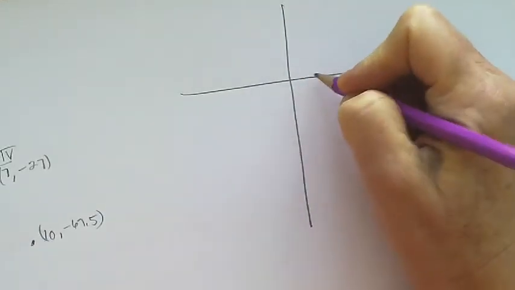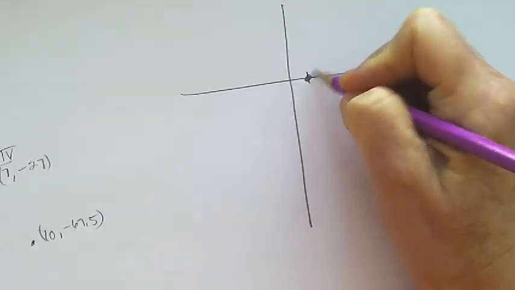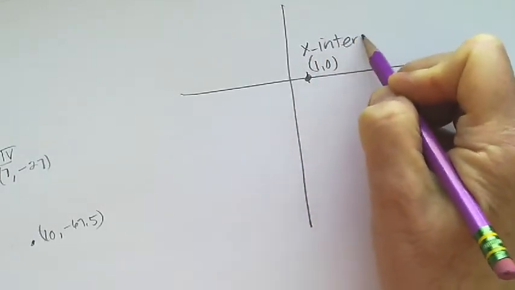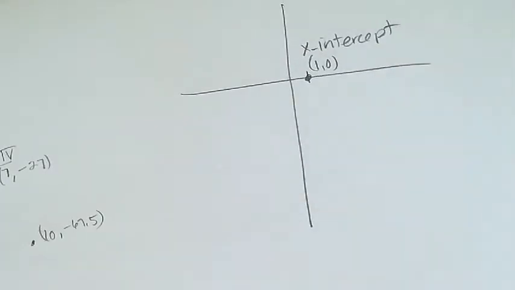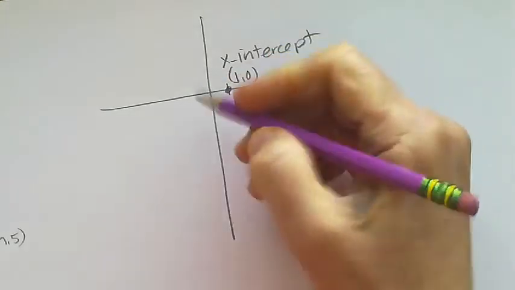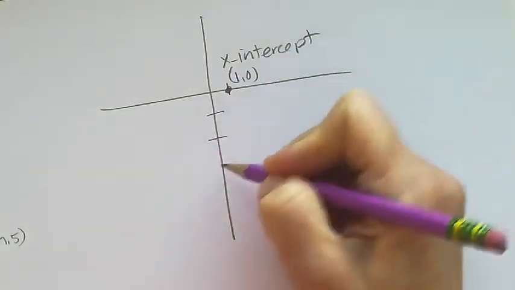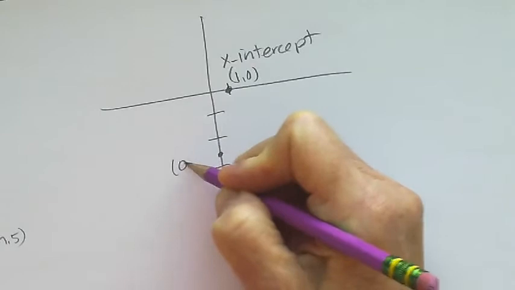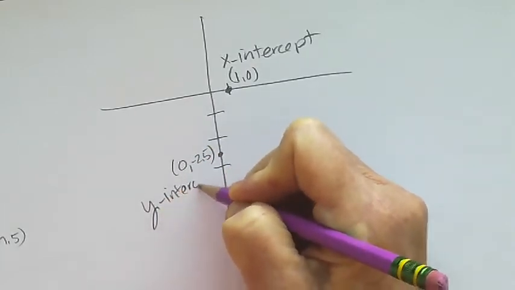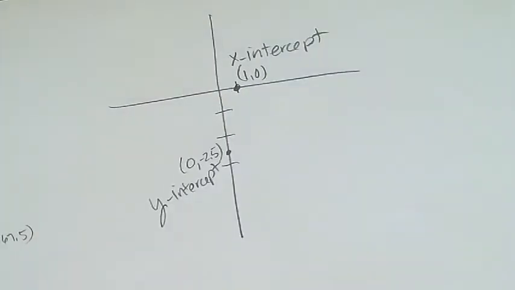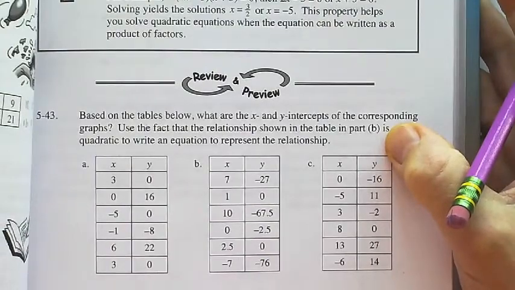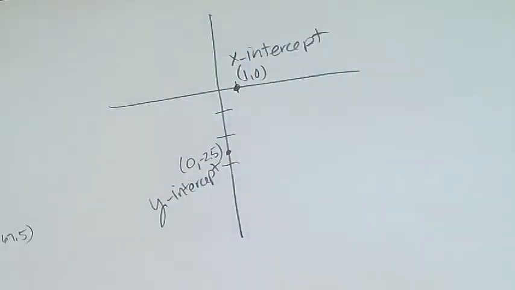So I have the point 1, 0. So there's an x-intercept. And then I've got the point 0, negative 2.5. There's my y-intercept. And it did tell us in the directions that this is a quadratic equation, so it's not linear, it's not exponential.